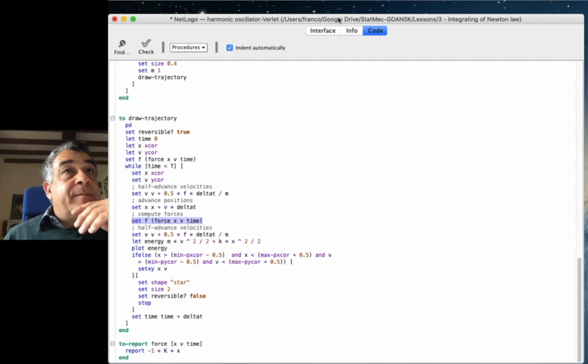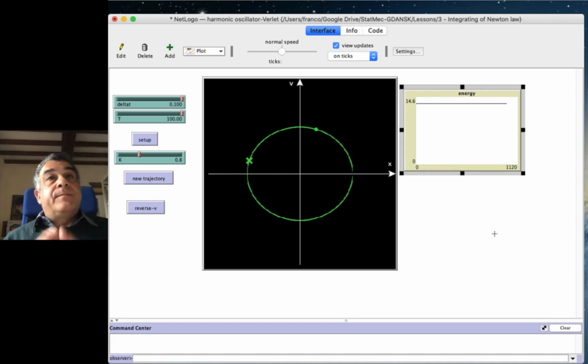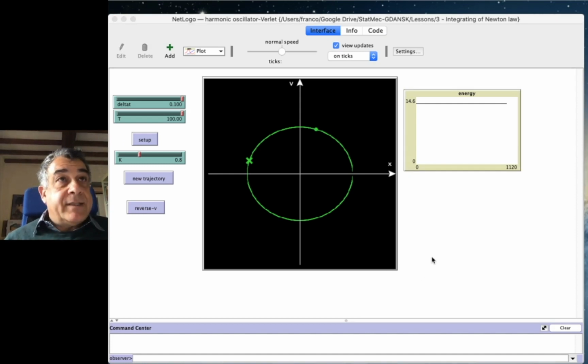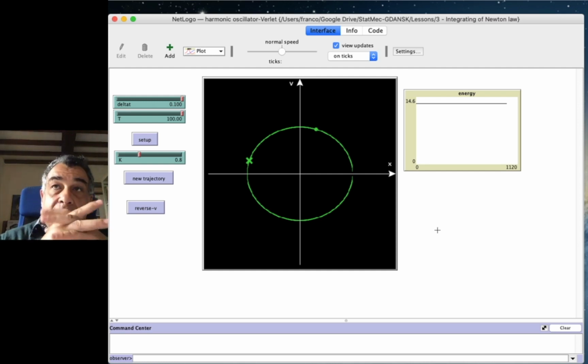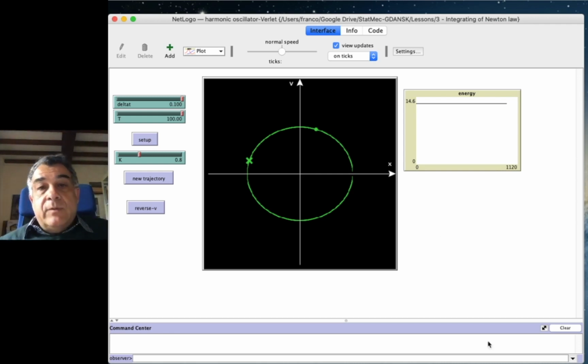But now I have a much more accurate computation, and this is a fairly good compromise for having a good computed code. This works only if the forces depend on the position, not on the velocity, and for conservative systems. So for other systems, I have to use other techniques that I shall show you in the following.